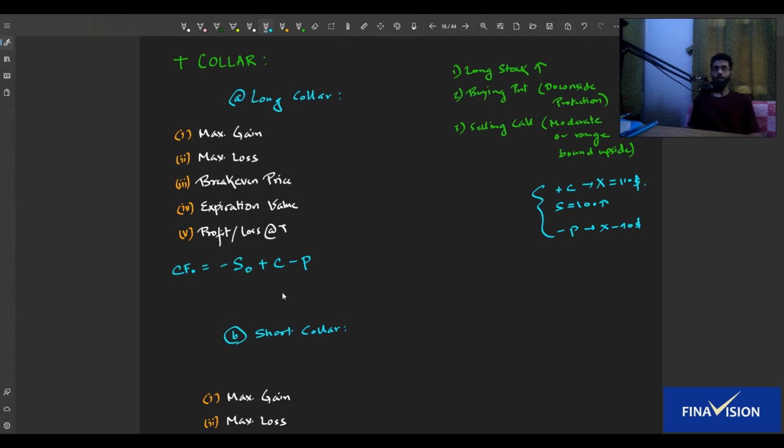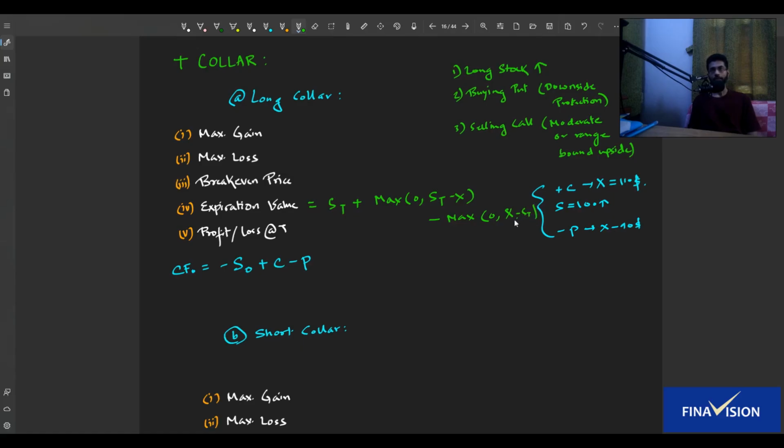Now what is the value at expiration? Value at expiration is equal to the price of the stock at expiry plus the value of the put at expiry, that is max of 0 and X minus ST, minus the value of the call at expiration, max of 0 and ST minus X, right?